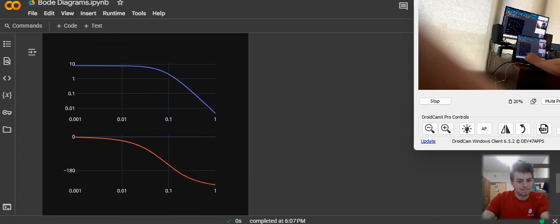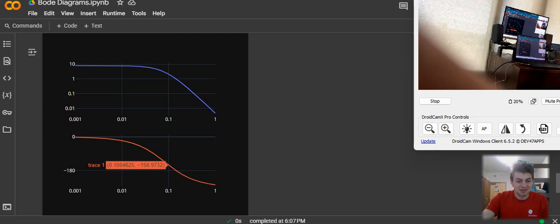Okay. So, again, we want to have about 30 degrees of marginal stability. So that means when this hits 150 here, we want to have this, okay, hold up.